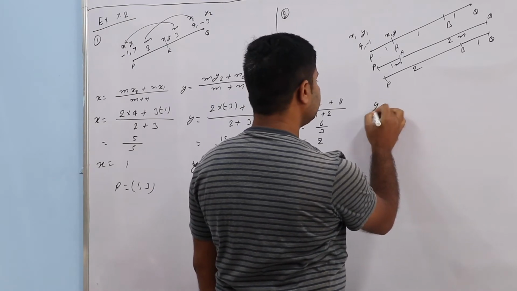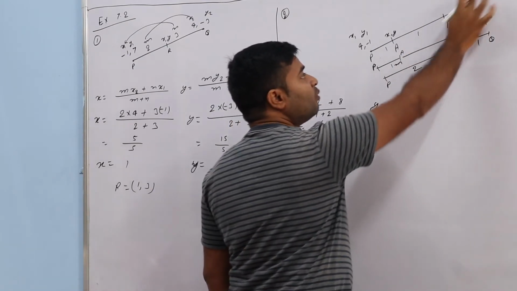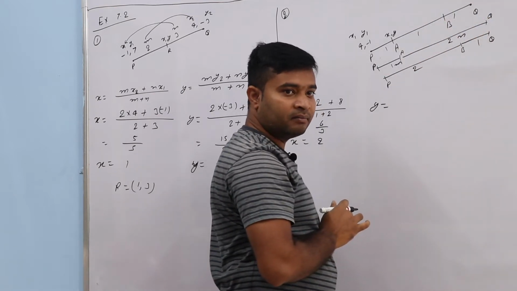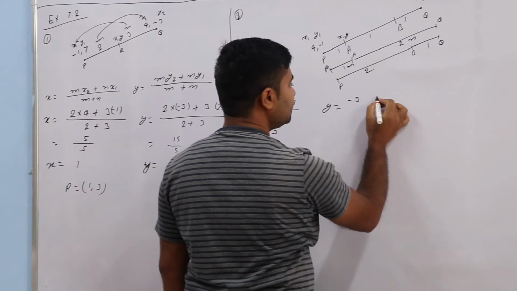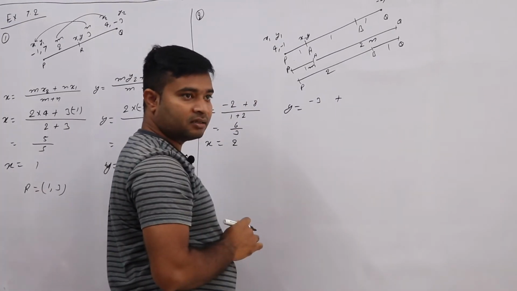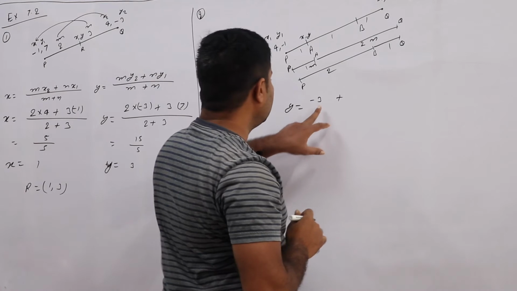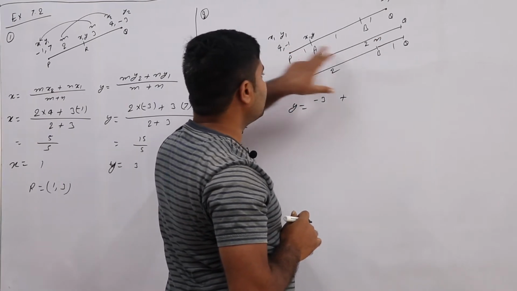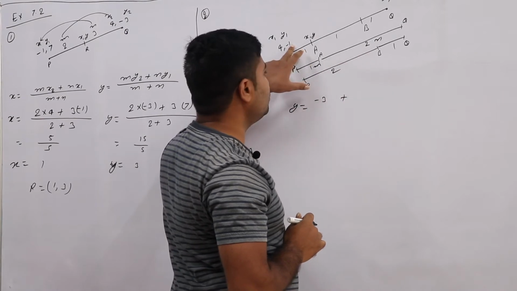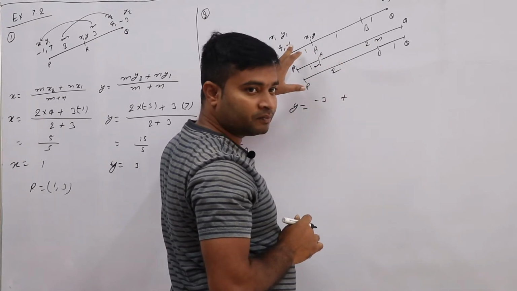Y is equal to m y2, m is 1, y2 is minus 3, so minus 3. Then n y1, n is 2, y1 is minus 1, so minus 2.